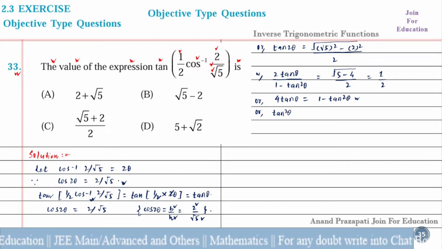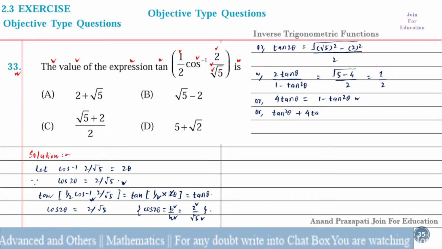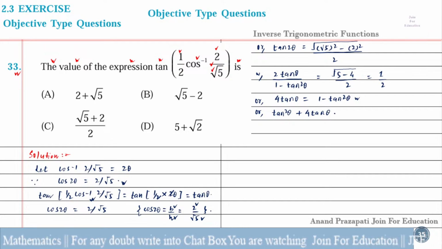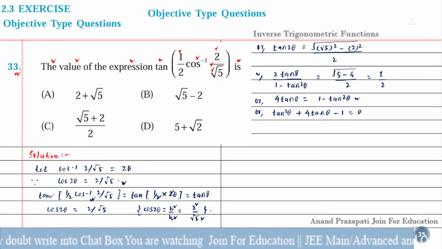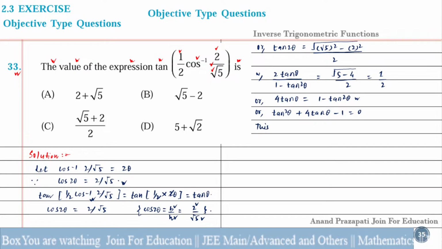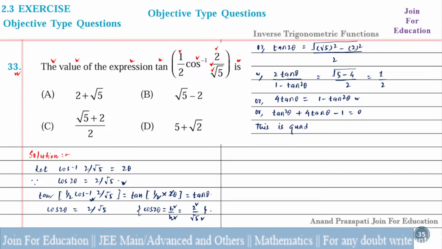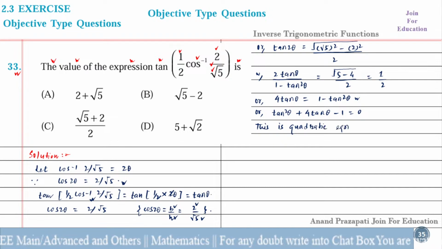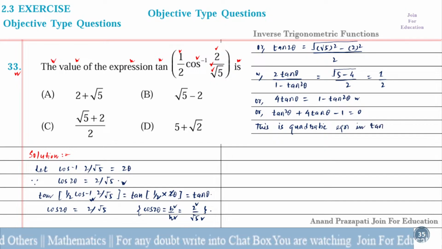When this term moves to the left hand side, then after proper arrangement we get tan square theta plus 4 tan theta minus 1 equal to 0. So this is a quadratic equation in tan theta.